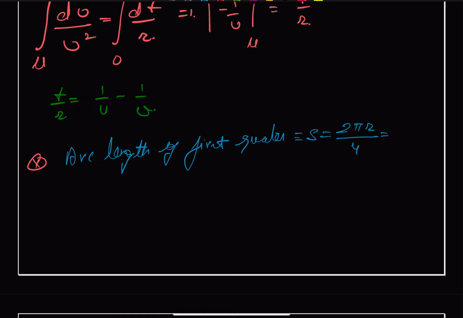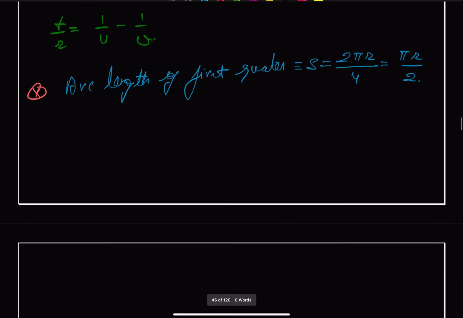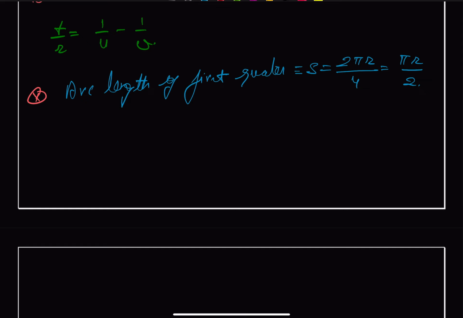This comes as pi r divided by 2, and in the other way we can also write this as the arc length, which is s, will be equal to the integration from 0 to t of v dt.